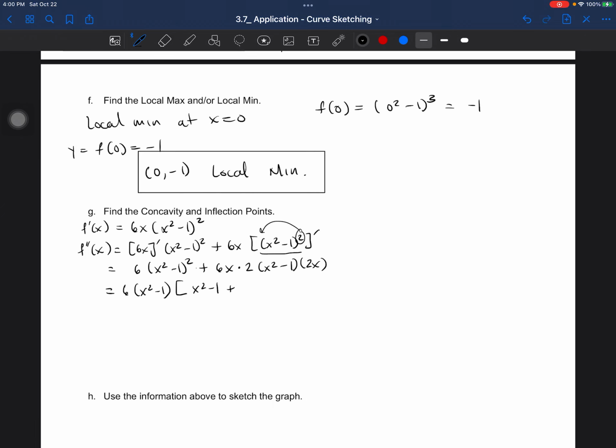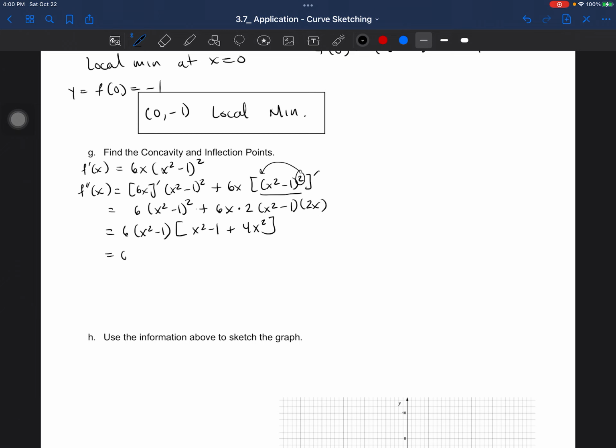So x squared minus 1, because now it's raised to the first power, I don't actually have to put parentheses anymore. We remove that 6 and that factor. So what's left behind? x, 2, and 2x. So x times 2 is 2x, times 2x is 4x squared. There you go. And then you will simplify this.